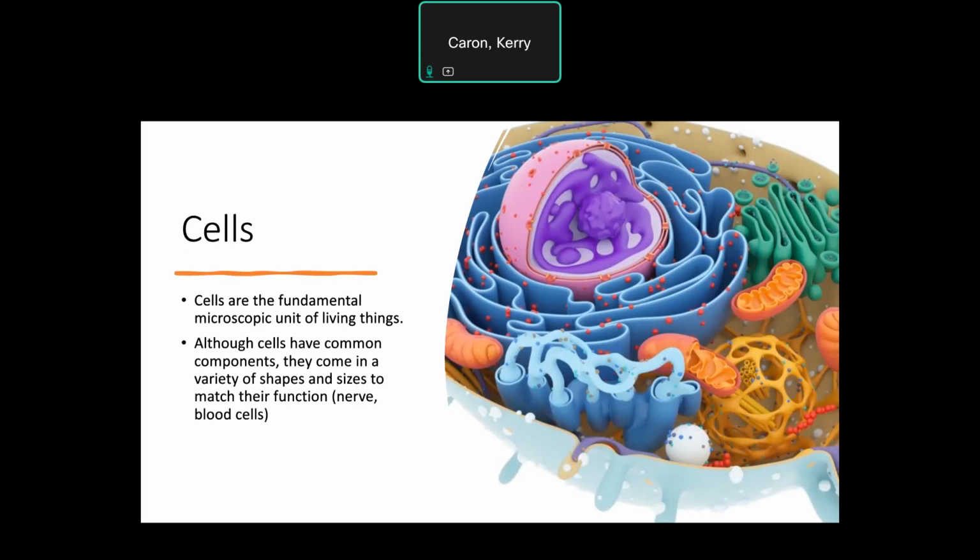Okay, the last part of this is cells. Cells are the basic, fundamental, microscopic unit of living things. And cells have a lot of components. They have different sizes, different shapes, different functions, whether they be nerve cells, blood cells, whatever.